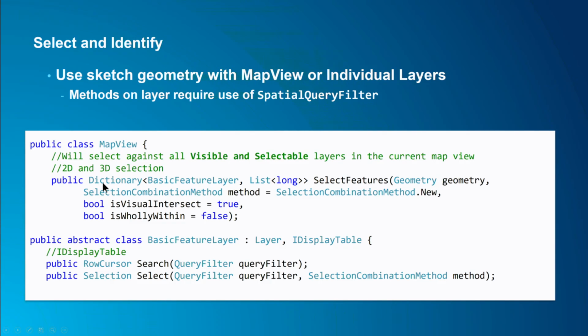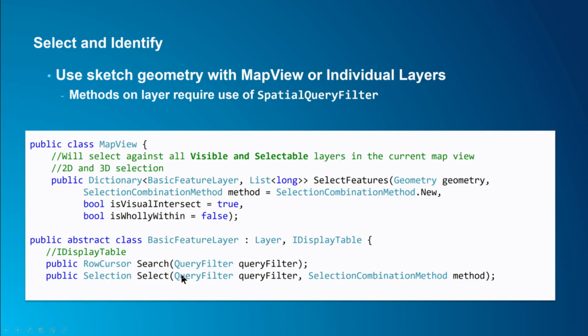When you look at a function call that we use here, the first one is select features that is based on all the layers in a current map view. You just supply the geometry, the selection method, and it will return a dictionary collection of your basic feature layers, one for each feature layer that fits your overlay geometry, with a list of all object IDs that fulfill the criteria of overlaying your sketch geometry.